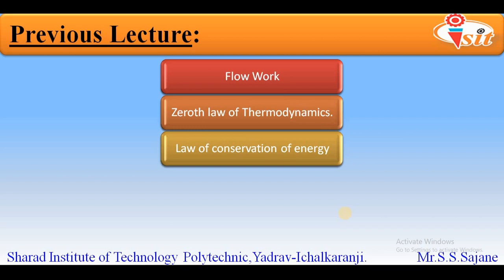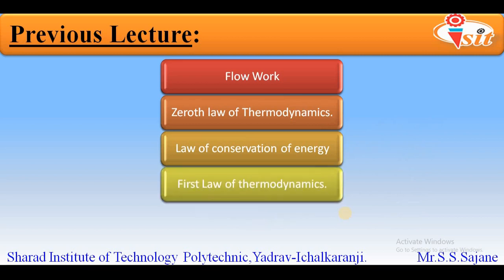After the law of conservation of energy, we saw another version of the first law of thermodynamics. We saw three statements. The first statement was when a closed system undergoes a cyclic process, then the sum of heat interactions is equal to the sum of work interactions.